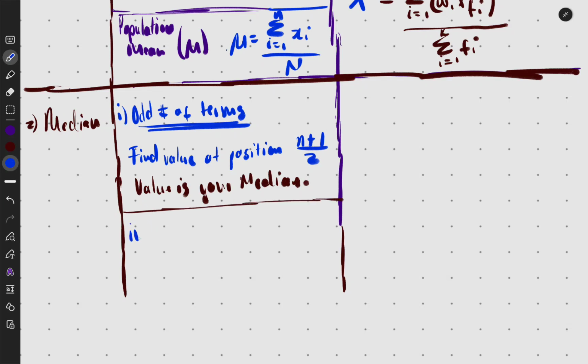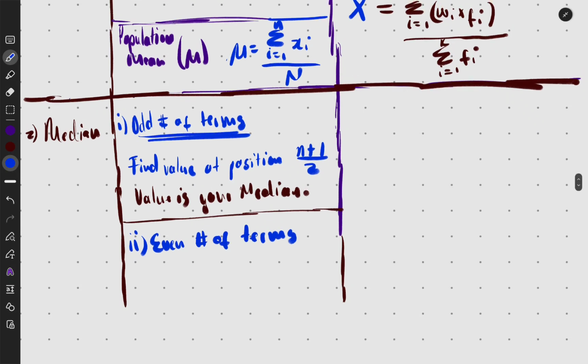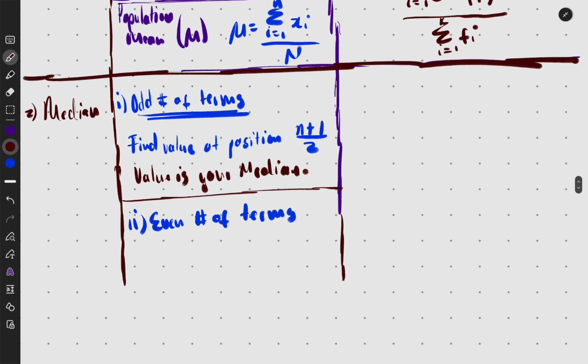Now again, when you have an even number of terms and you want to find the median, and the data is ungrouped, what are you going to do? You're going to find values at positions n over 2 and n over 2 plus 1.